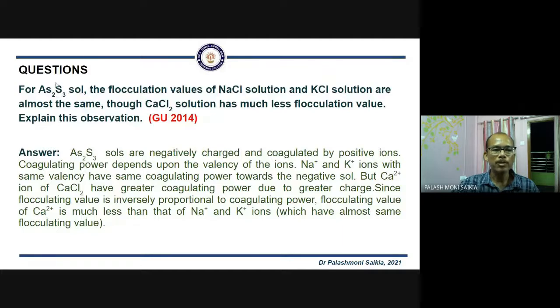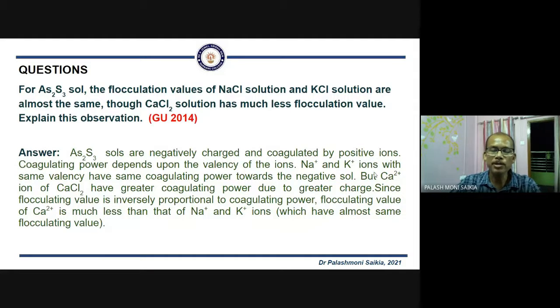Arsenic sulfide is negatively charged, so it is coagulated by positive ions. Sodium and potassium ions cannot coagulate it as much as calcium ion, because calcium ion has higher valency.